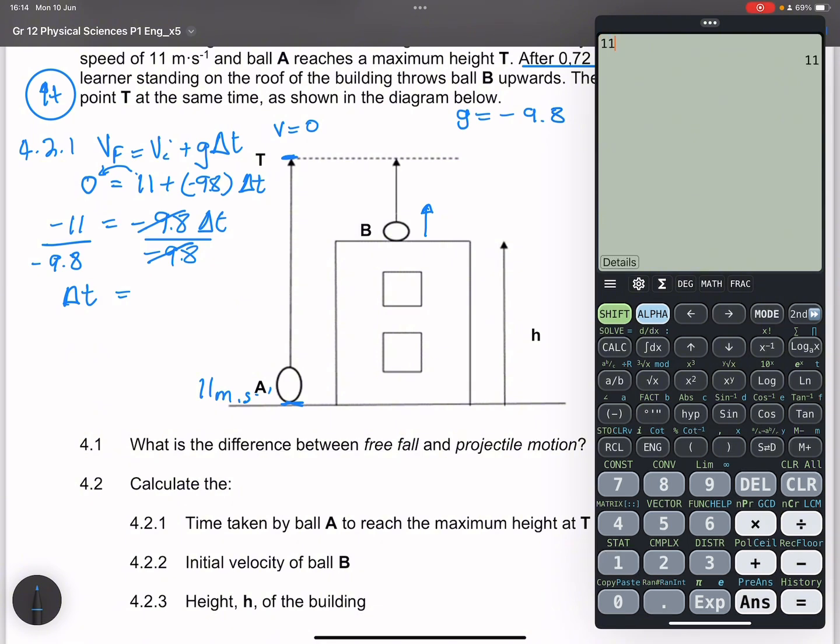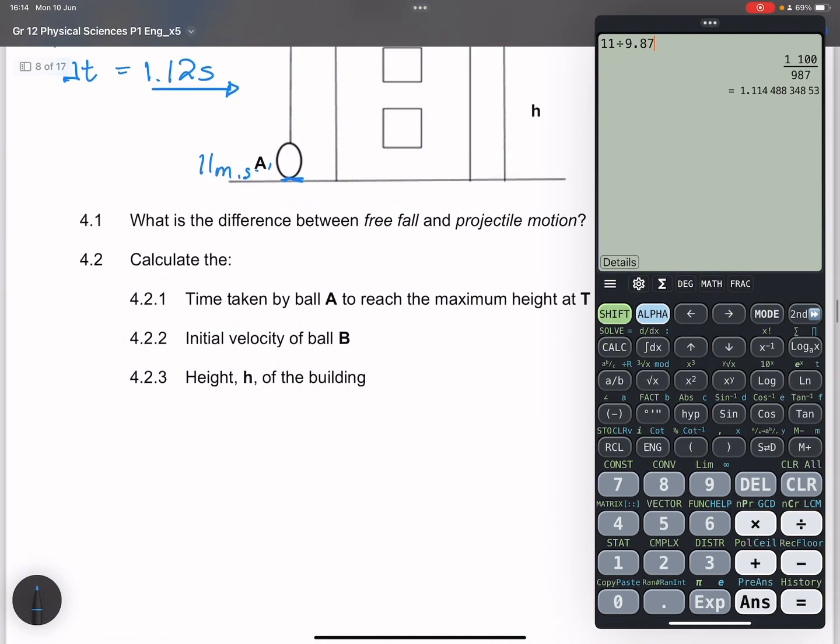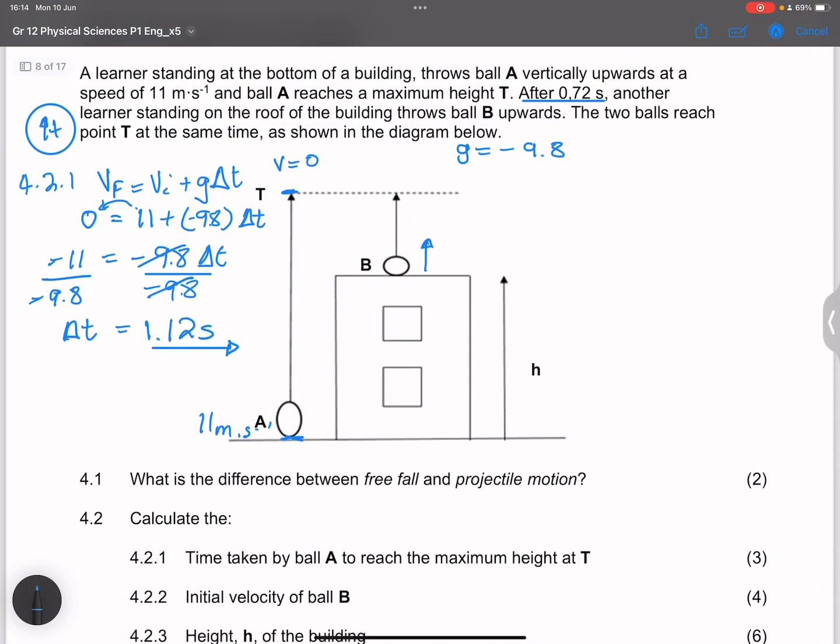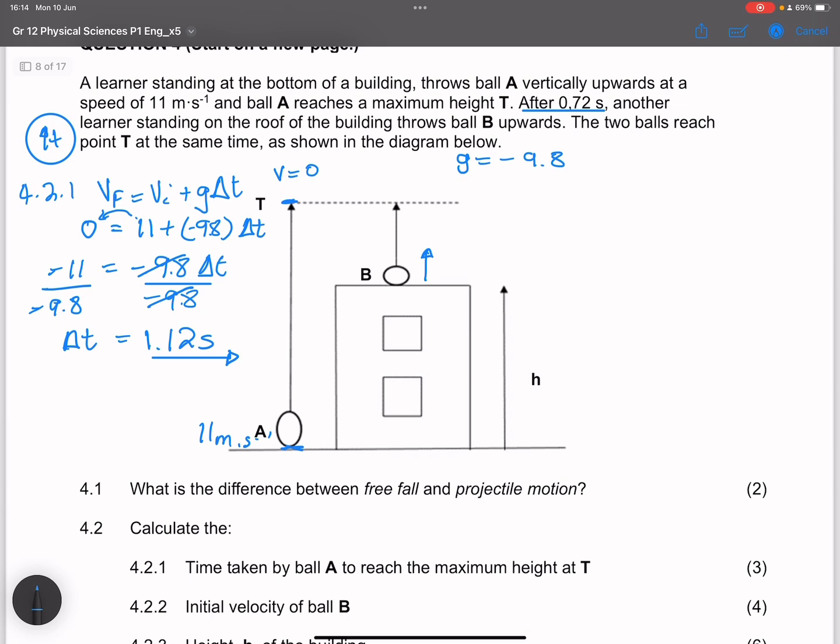So that's 11 divided by 9.8. Remember, in this case, a negative divided by a negative would give us a positive. So that's 1.12 seconds. Okay, so the time that ball A takes to get to the maximum height is 1.12 seconds.